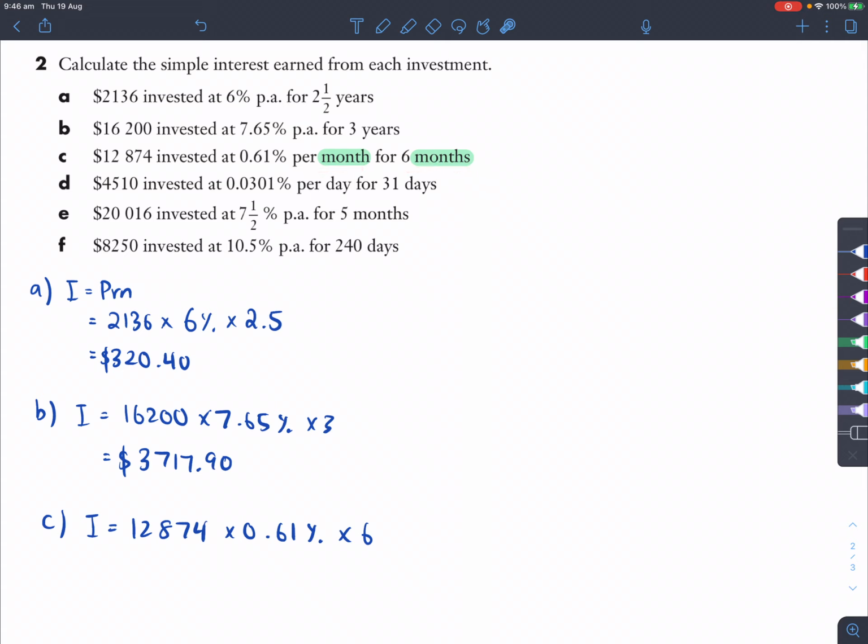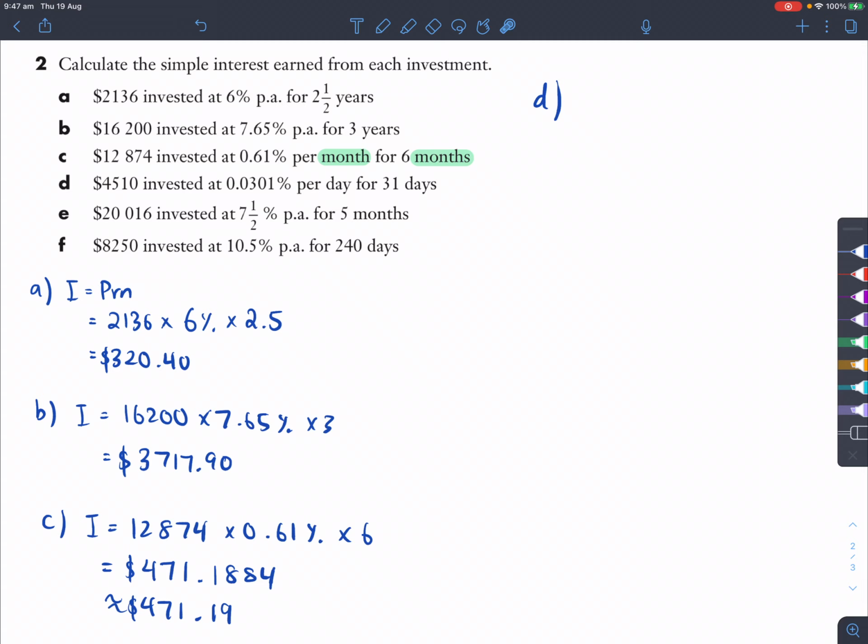We don't have to convert anything. This will give us $471.1884, so to 2 decimal places, that will be around $471.19. So this person will earn this much in 6 months when they get paid this percent per month.